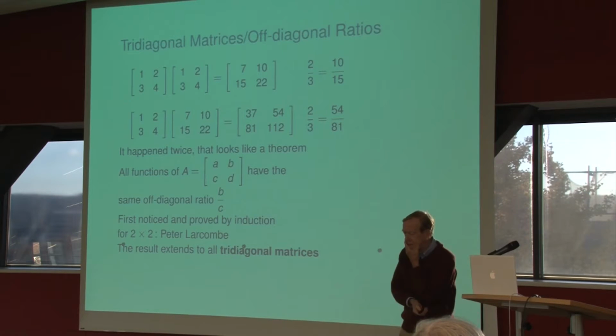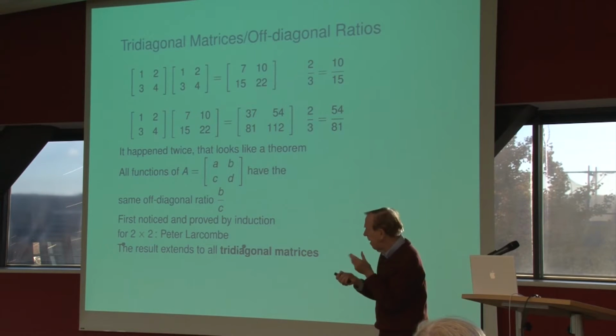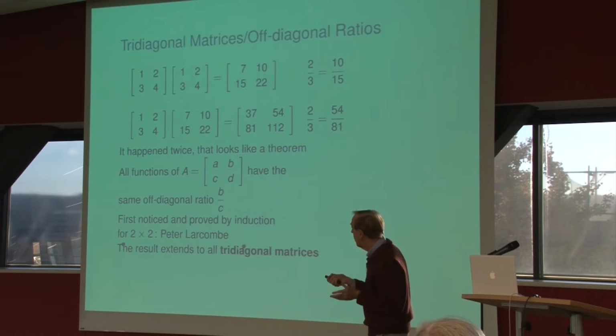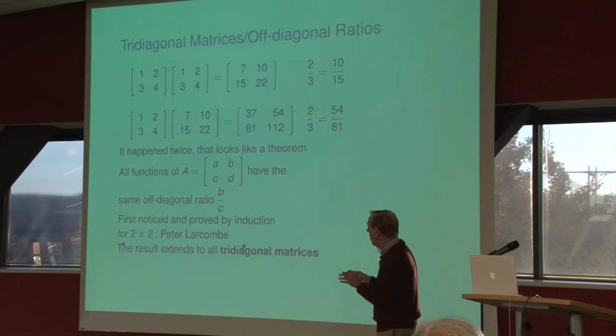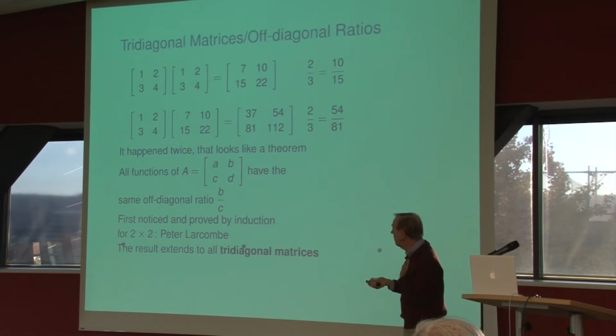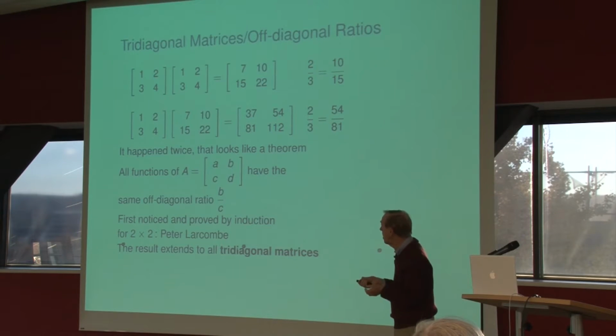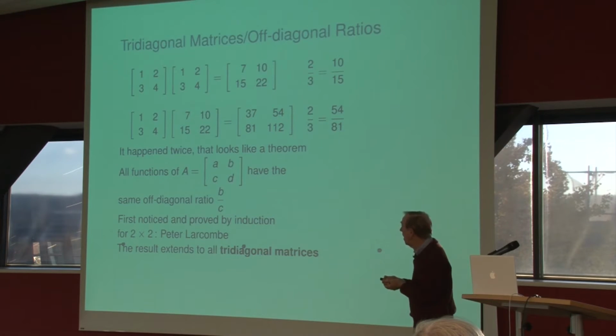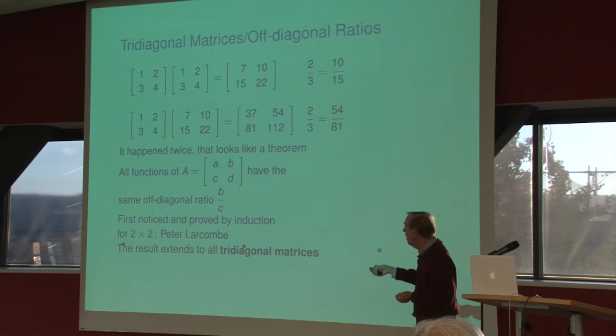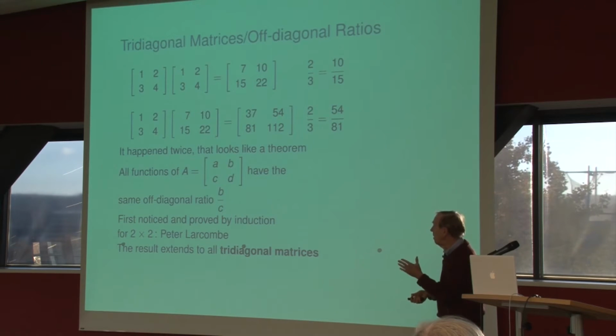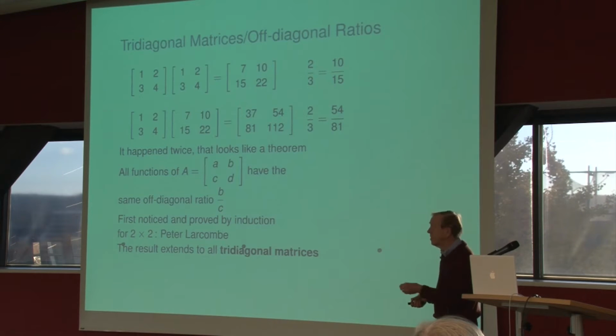If anybody has seen such a fact before today, I would be happy to know, because to me and to everybody I've asked, it was news. That ratio B over C was the same for all powers, for the inverse, for functions of the matrix. It's just a nice thing.